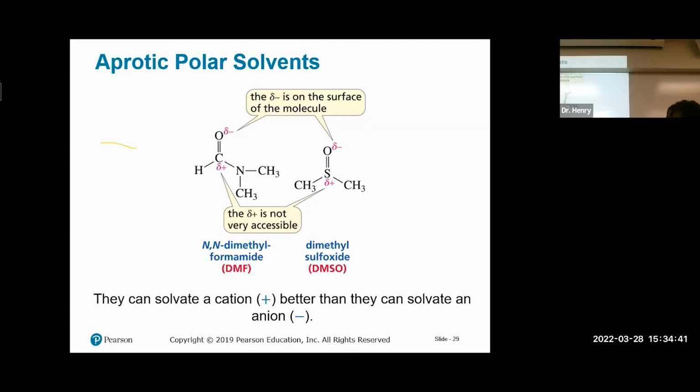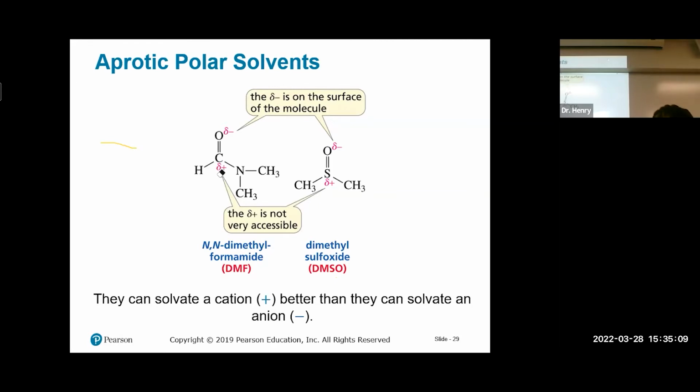So these solvents are going to be able to solvate a cation better than they're going to be able to solvate an anion. In the case of the cation, you're using those partial negative charges, and they're more accessible than the partial positive sites that an anion would have access to.